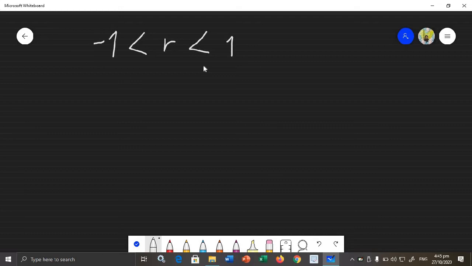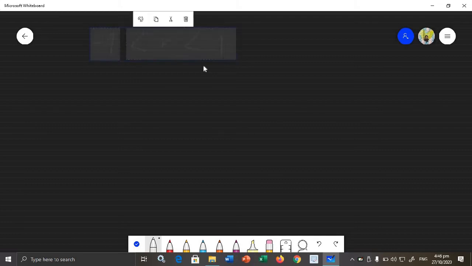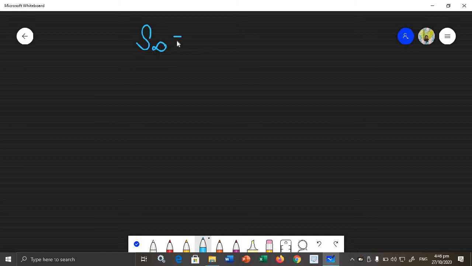To solve for the sum of infinite terms, we have this formula. The formula is S sub infinity. Why infinity? Because there are infinite terms, so the terms never end.